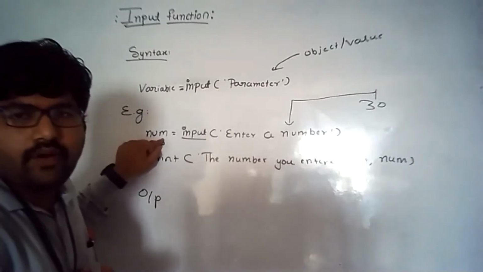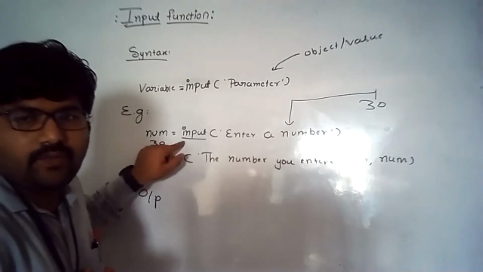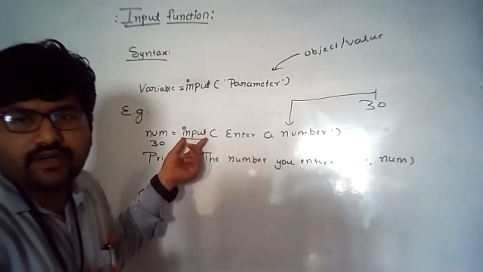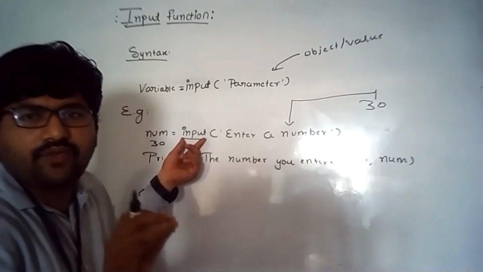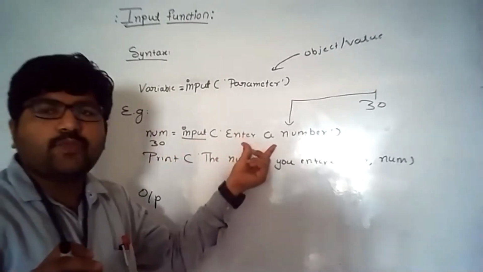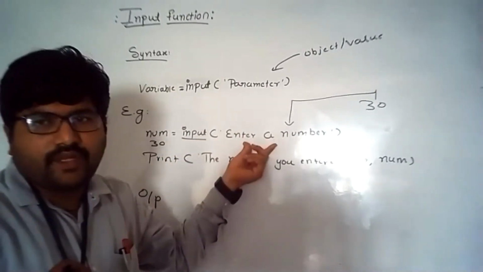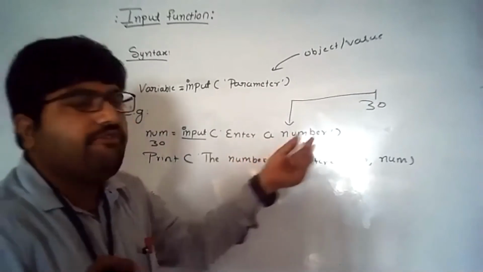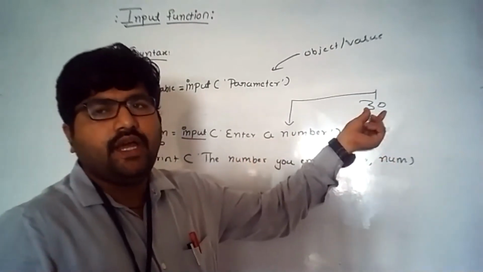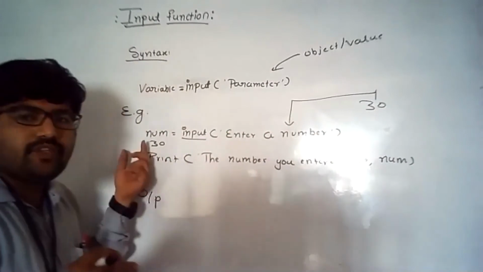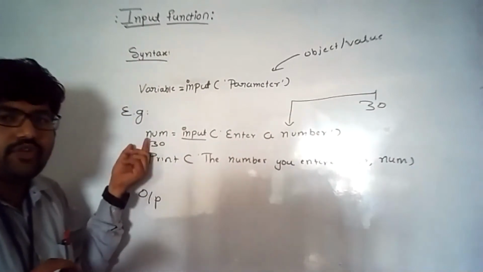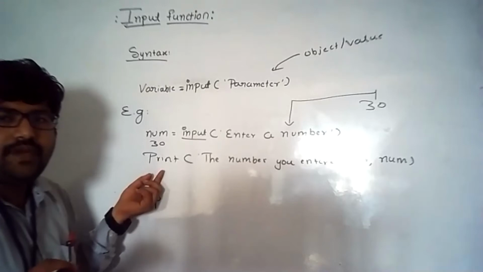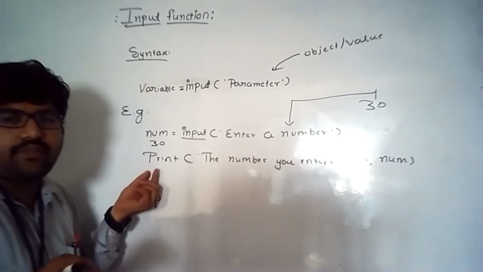I came here, I am the interpreter. I got a variable num. Then I will move here. That is the input. Input means I have to wait until I get a response from the user. When the user enters 30, I will accept it and it will be stored in num. Next, a print statement.